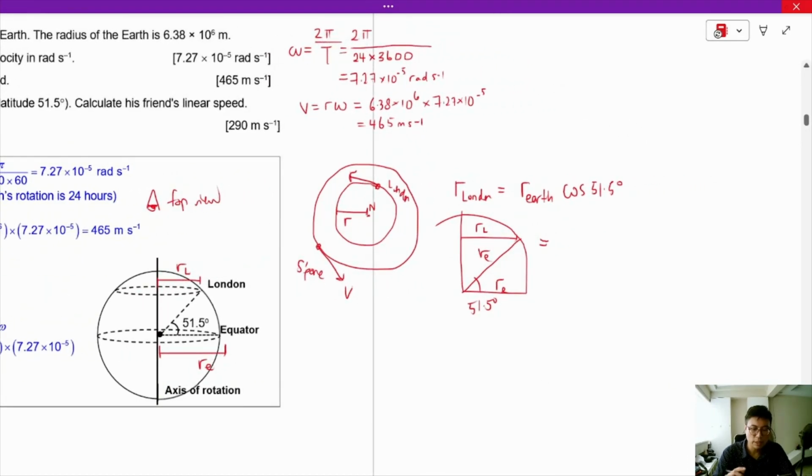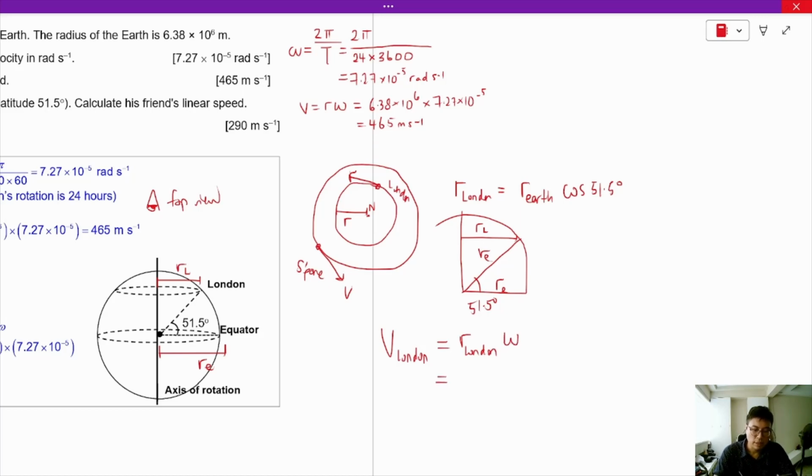Then the linear speed of the London motion: velocity at London will be equal to the radius at London multiplied by the omega of the Earth.